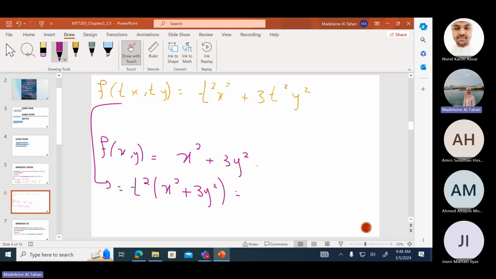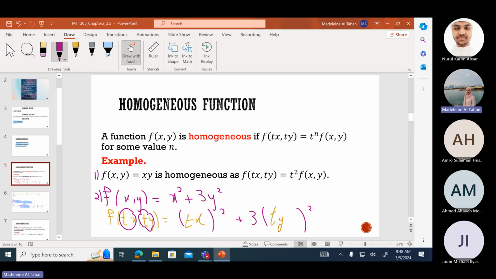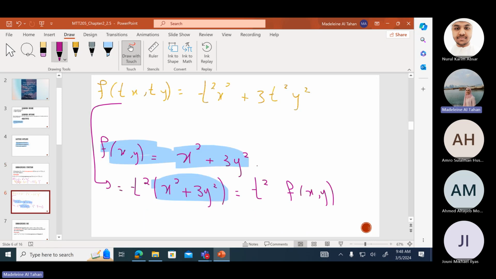Okay, so what did we get exactly? It's t squared times f(x, y), right? So we got it. Does it satisfy this one? Yes. So the homogeneous function here is of which degree? Degree 2. If we got t cubed, it would be degree 3, and so on.